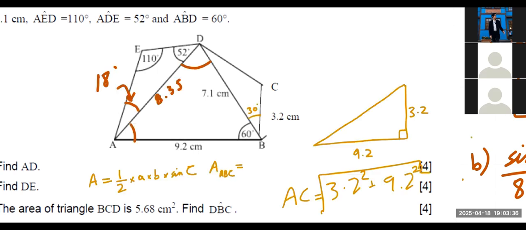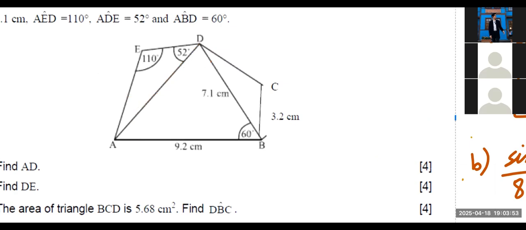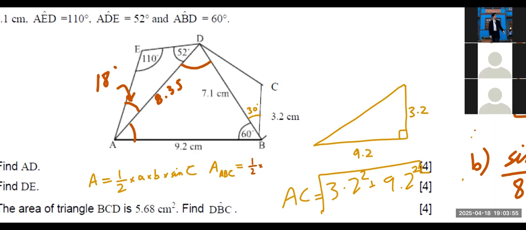Can someone, Amy, Ashley, can you tell me? So I want to use this formula. This formula uses two sides and an angle between them. So which two sides and an angle can I use for this triangle? We're looking for the area. Which sides and which angle should I use in the formula?